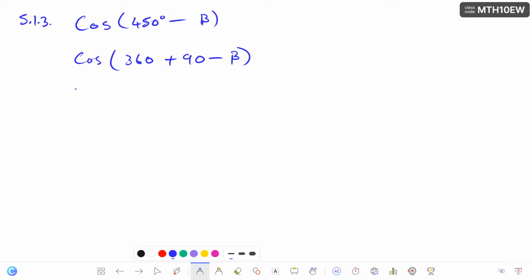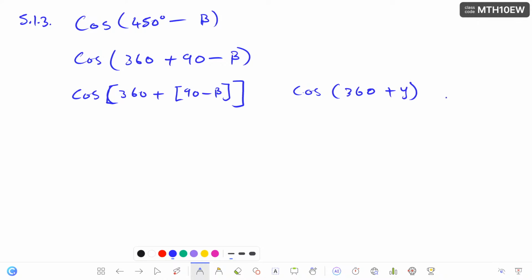So I can simply write this as cos 360 plus 90 minus beta. This is the same as cos 360 degrees plus y, so the answer is going to be cos y. It's the same thing, it didn't change anything.